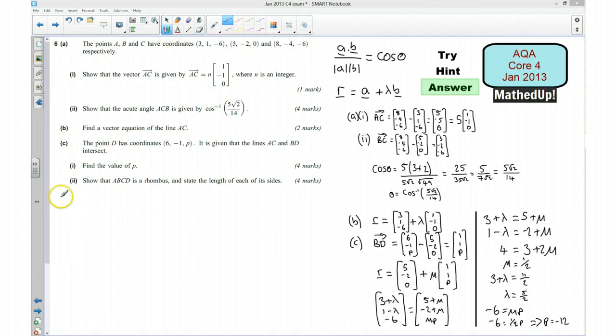Okay, so moving on to part 2 of part C. We want to show that ABCD is a rhombus, and we want to state the length of each of its sides.